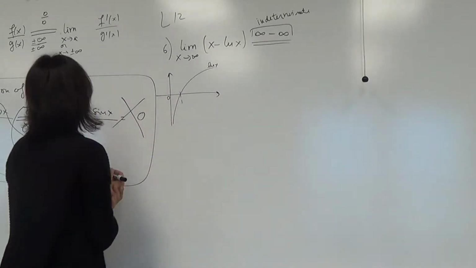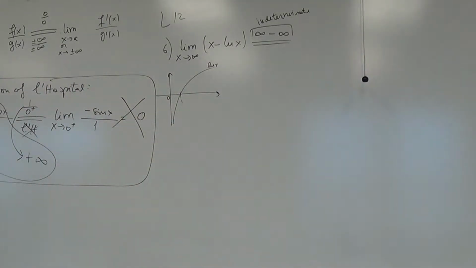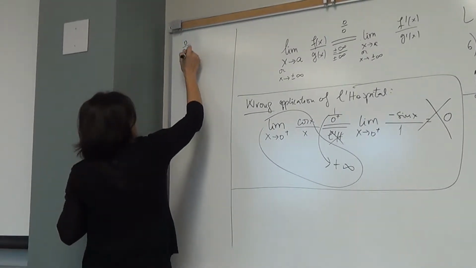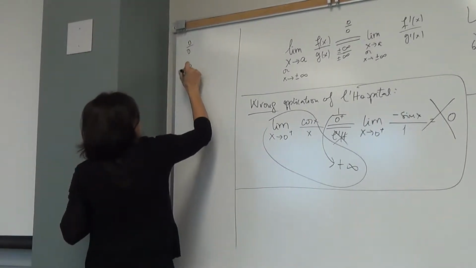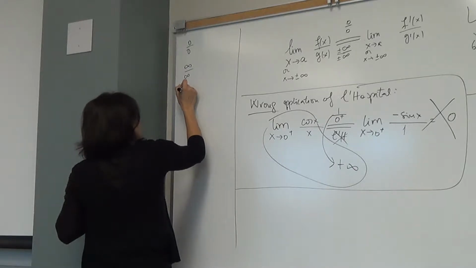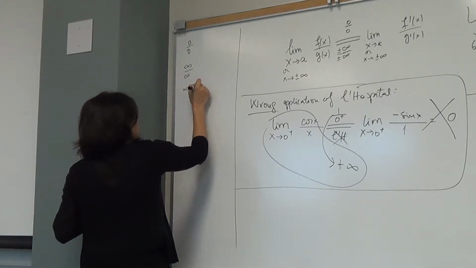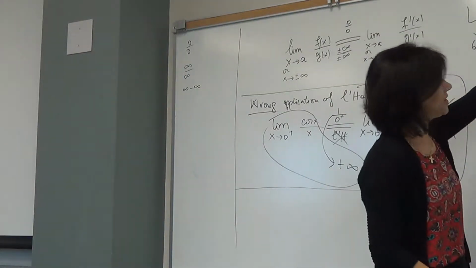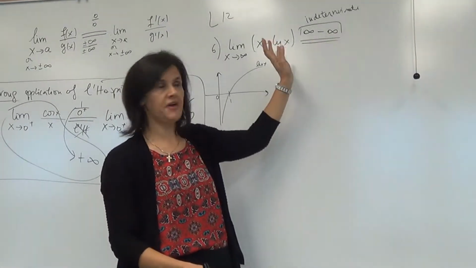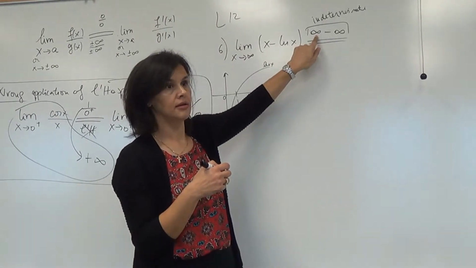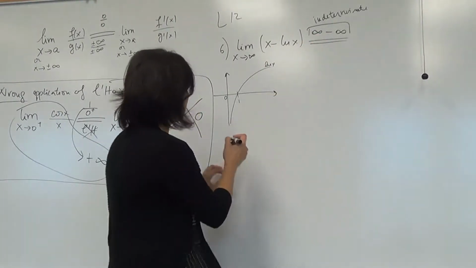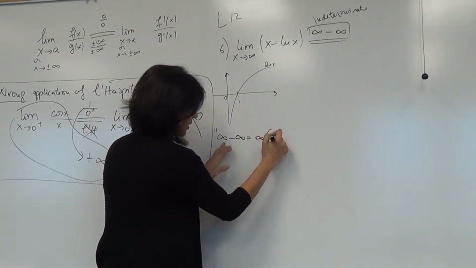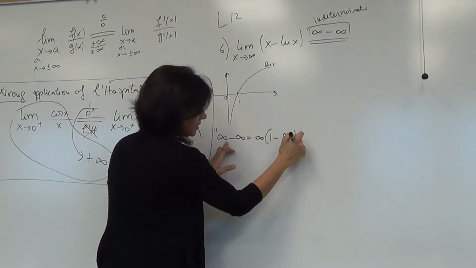So how do you solve it? In that list, the cases that require work are 0 over 0, infinity over infinity. Now you have infinity minus infinity. So what can we do? We can reduce this one to L'Hopital if we force factoring out an infinity. In the symbol sense, we'll have 1 minus infinity over infinity, which is L'Hopital.